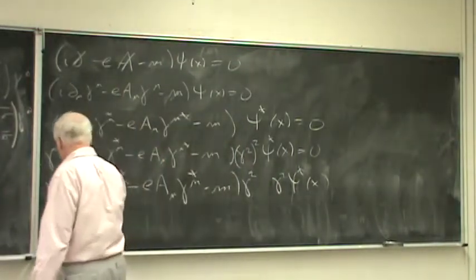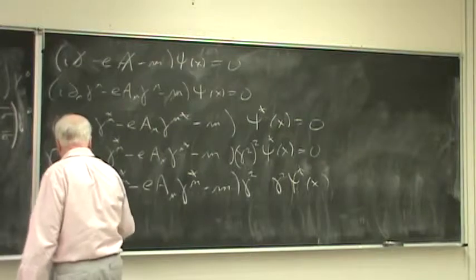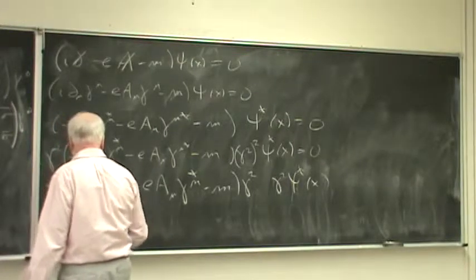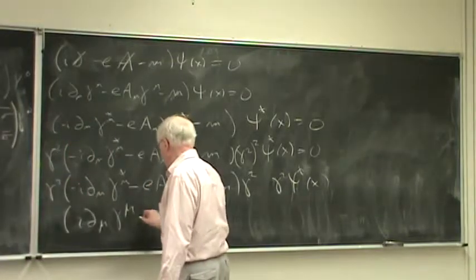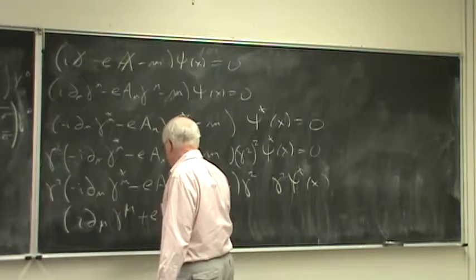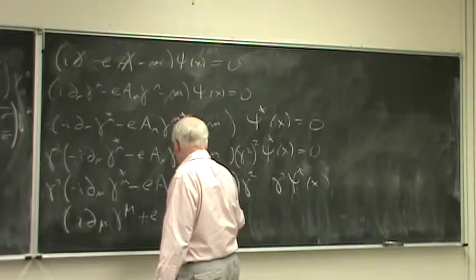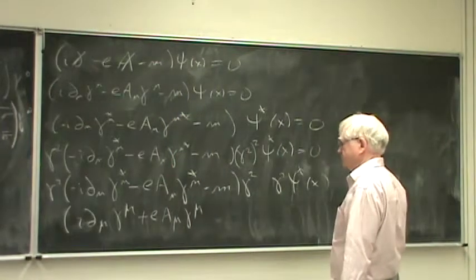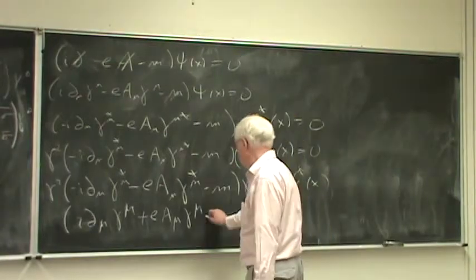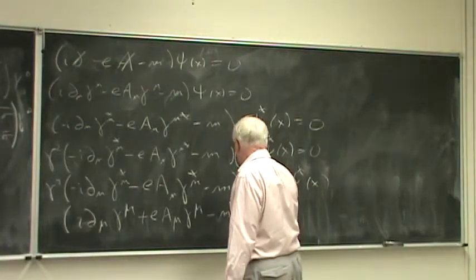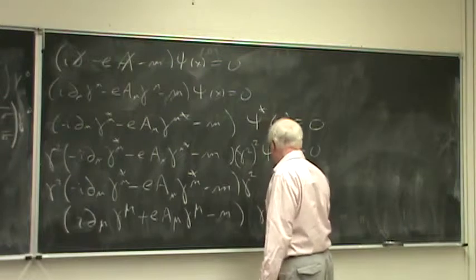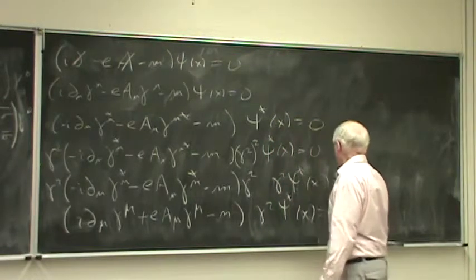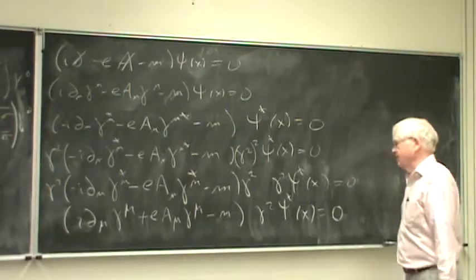So this thing is then equal to (i ∂_mu gamma^mu, because there's always a minus sign, plus e A_mu gamma^mu minus m) gamma 2 psi star of x equals 0. Of course, I left that equals 0 there.